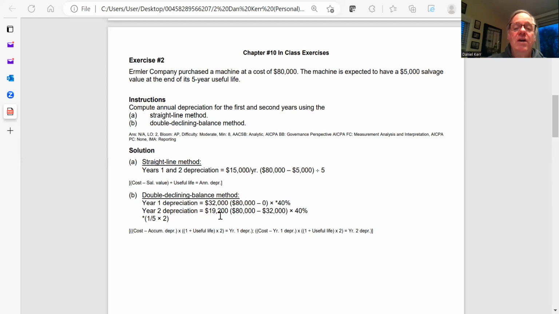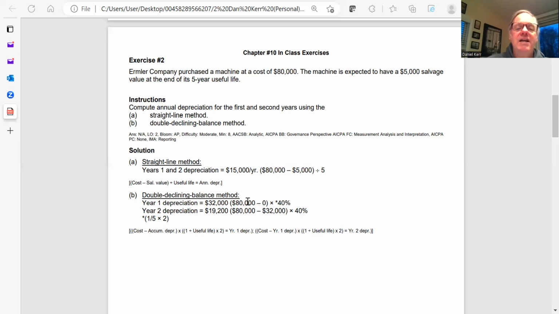So you'll see here when you contrast the two methods that the double declining balance gives you, in this particular case, the majority of the depreciation actually in the first year and the second year. So what will happen is each year this number will go down, but if we look at just the first 2 years, we've got $51,200 worth of depreciation, whereas under the other method, we only had $30,000 worth of depreciation. So declining balance puts most of the depreciation in the early years.